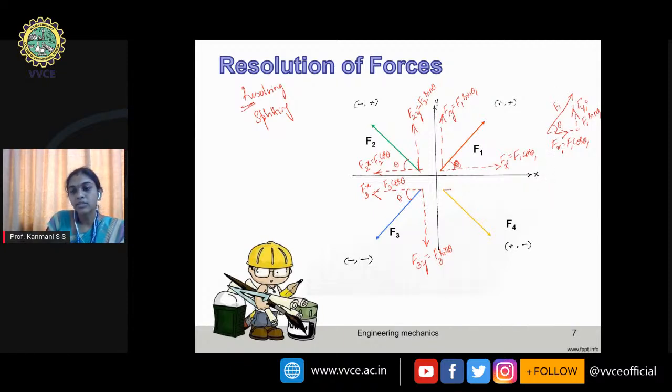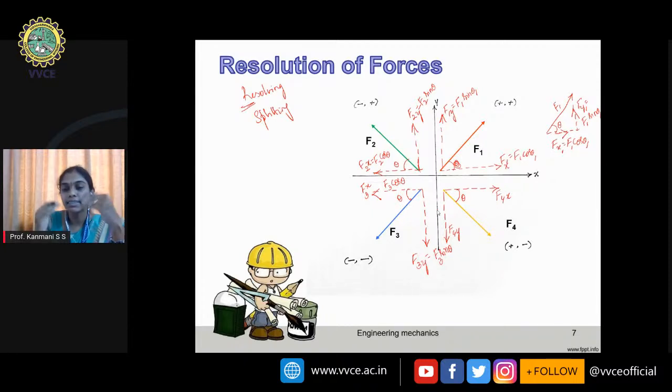Now again, in the last quadrant, that is the fourth quadrant, I'll write two parallel lines, one parallel to x, another parallel to y. So this is f4y and this is f4x. If this angle is theta, again, the side adjacent to the angle. See, I'm not mentioning that all the horizontal components are cos theta.